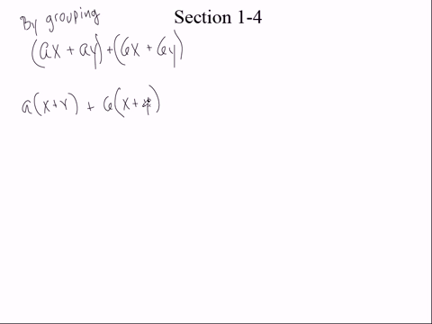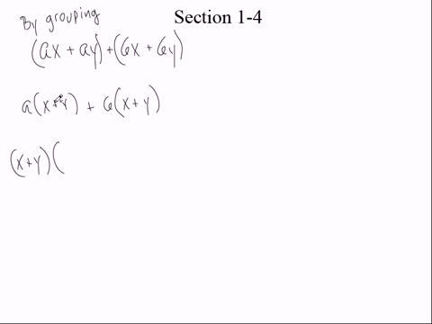We're not finished though, because look at this. I'm looking at this as one term, and I'm looking at this as one term. Make sense? So is there anything in common with the 2 terms? Yes, there's an x plus y here and an x plus y here. So now I can factor out an x plus y. What am I going to be left with?